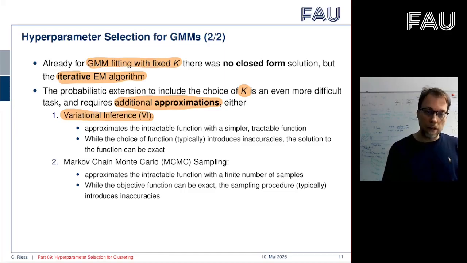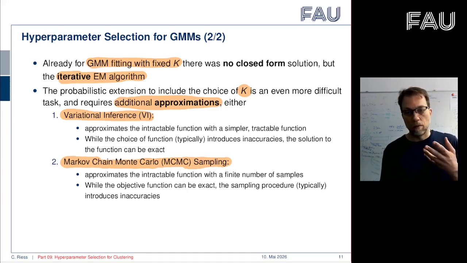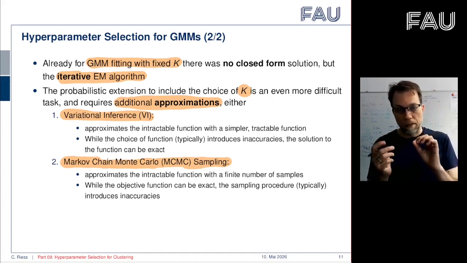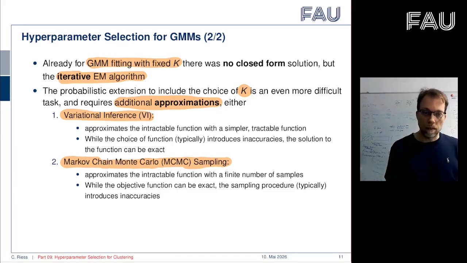And variational inference has a big competitor conceptually. This is a sampling-based solution. So we're going to talk about Markov chain Monte Carlo sampling. This approximates an intractable function with a finite number of samples. So the situation is the other way around.